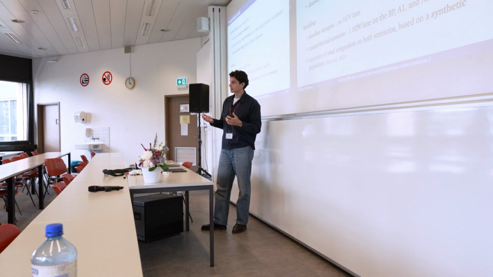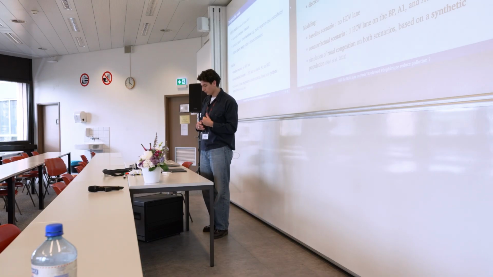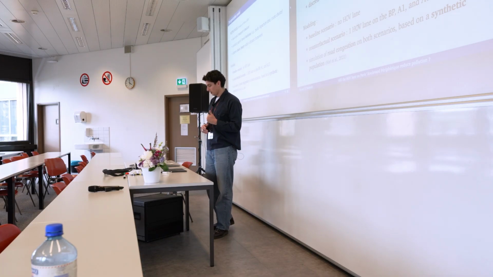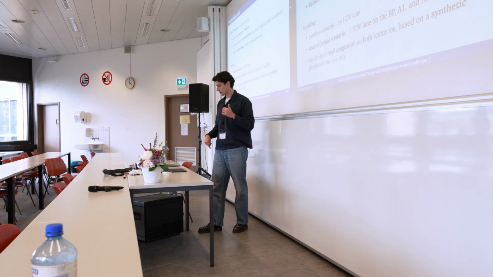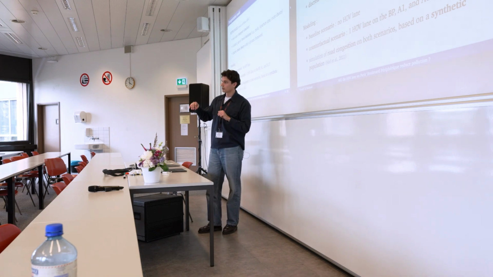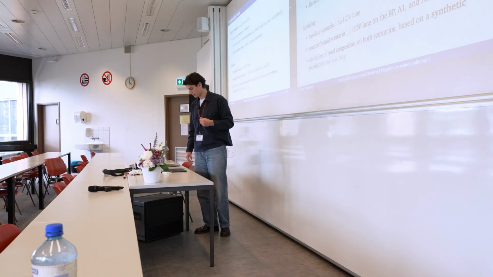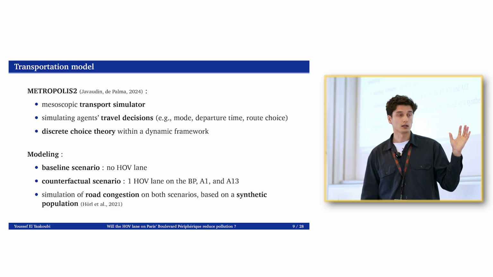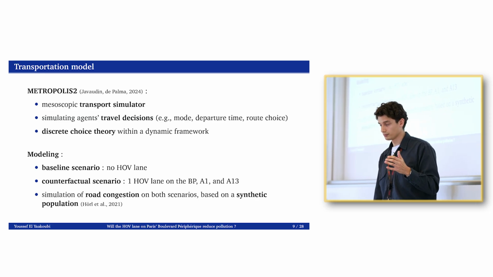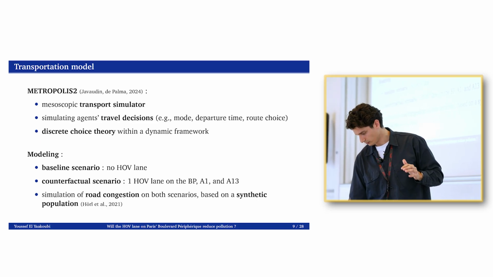One made in the baseline scenario, without the HOV lane, and one counterfactual scenario with an HOV lane around the ring road of Paris and on two parts of the motorways, named A1 and A13. The model also simulates road congestion in both scenarios and is based on a synthetic population.